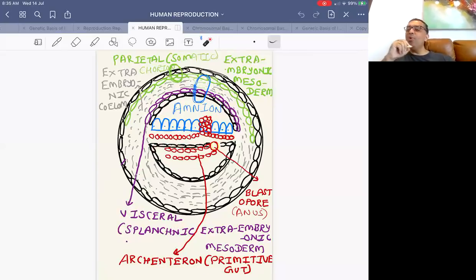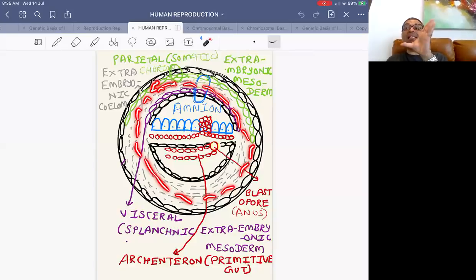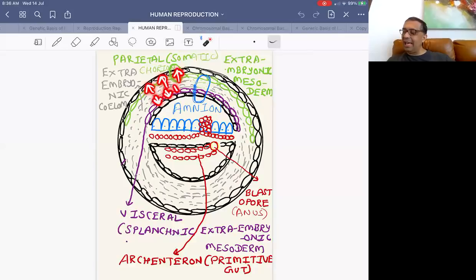And we have a beautiful logic here. ये ध्यान से सुनना. Sir, you had that mesoderm called as the extra embryonic mesoderm. Now, जैसे 3 लेयर बन जाती है, extra embryonic mesoderm splits. तो कुछ सेल्स ऊपर की तरफ जाते हैं और कुछ सेल्स नीचे की तरफ जाते हैं extra embryonic mesoderm के.